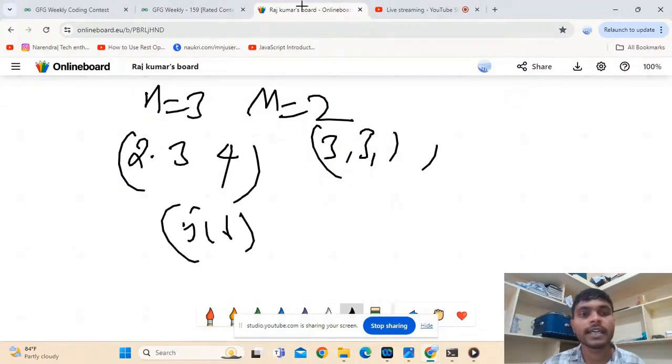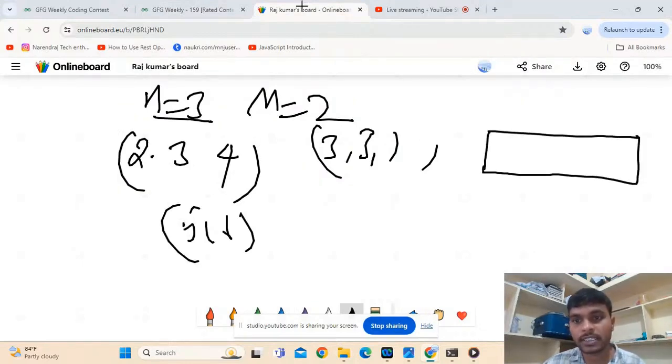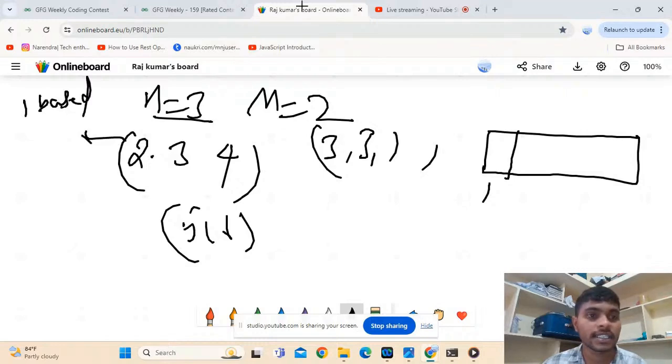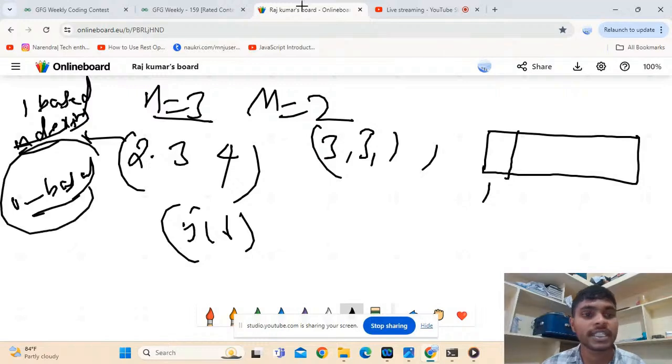Here he has n children standing. Initially they don't have any candies. The first child is standing here. He gave it as 2 to 3, which is one-based indexing. I am taking 0-based indexing.